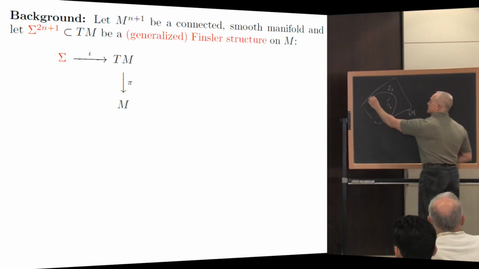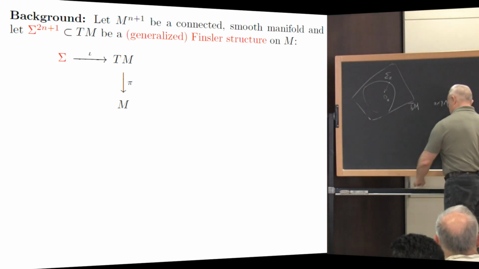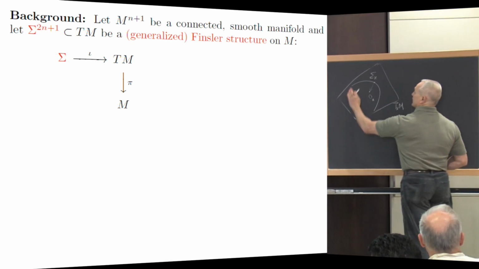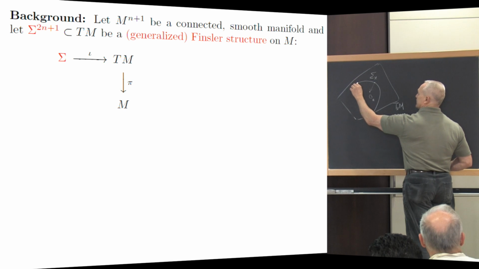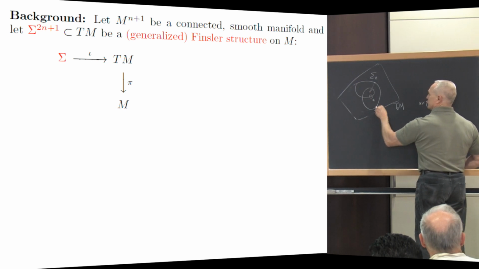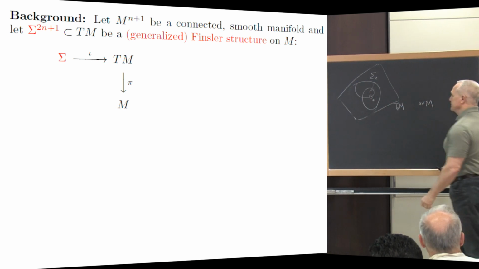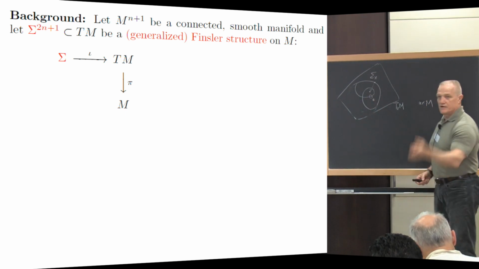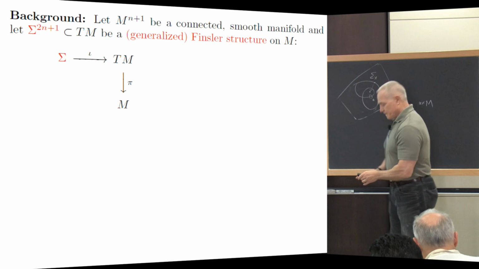I don't require it to be compact, although we'll see plenty of examples where it is, and I don't even require it to be globally convex. It could be something like this, for example, in theory. As long as it's locally convex towards the origin, the machinery works.